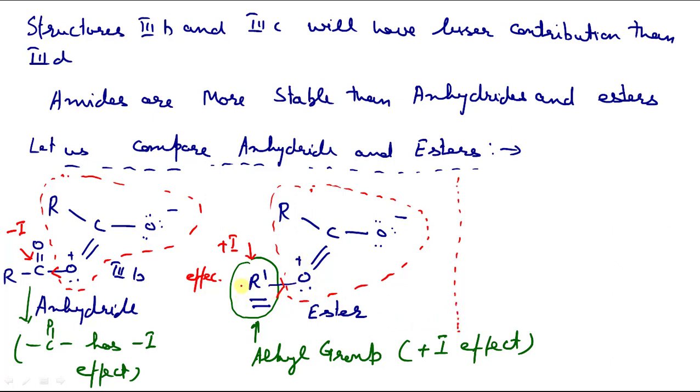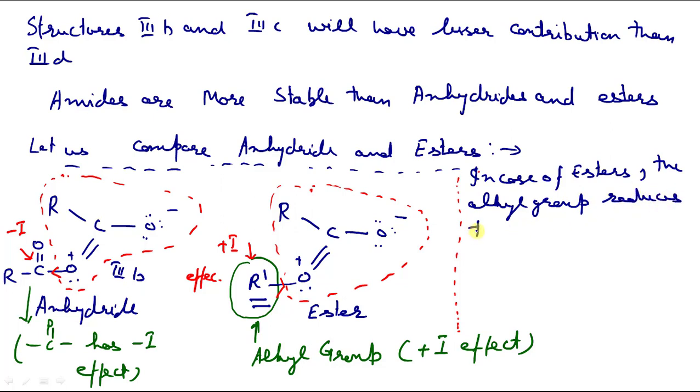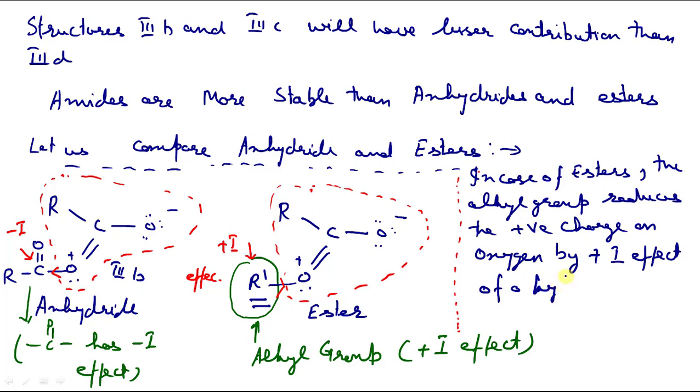As the alkyl group in case of ester donates its electrons towards oxygen, it reduces the positive charge on oxygen. So in case of esters, the alkyl group reduces the positive charge on oxygen by plus I effect of the alkyl group.